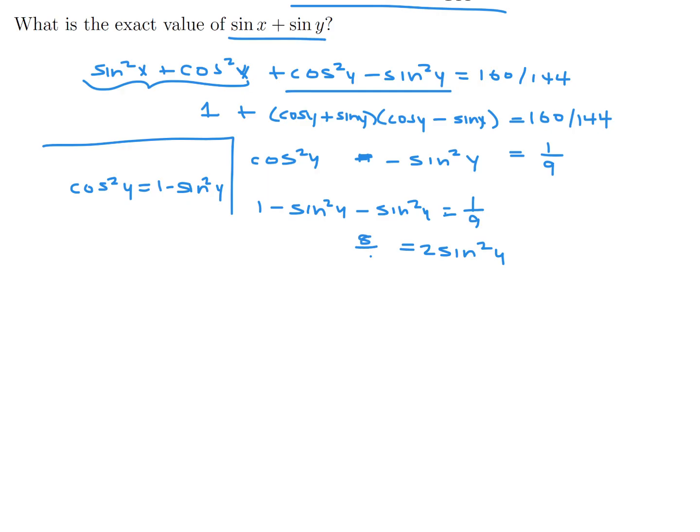Yeah, 8 over 9. And therefore sine squared y is 4 over 9. And then sine of y is 2 over 3. Okay, that's good. Look, if you could look up here, I've got the sine y already. Okay, now I guess I just have to find sine of x.